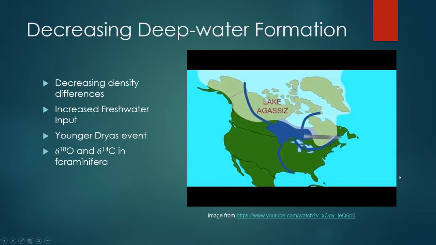So one major event that allowed for massive amounts of fresh water to be added to the ocean was the Younger Dryas event. Back many years ago, there was a glacial period where large ice sheets covered most of North America.